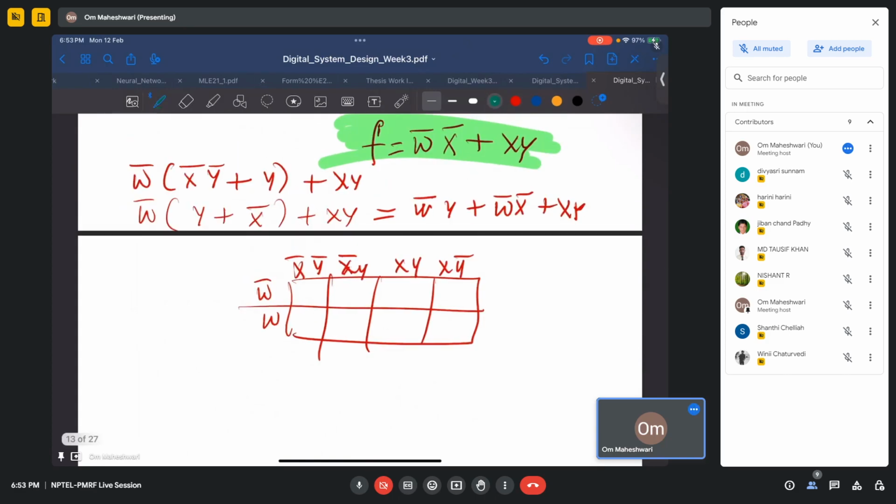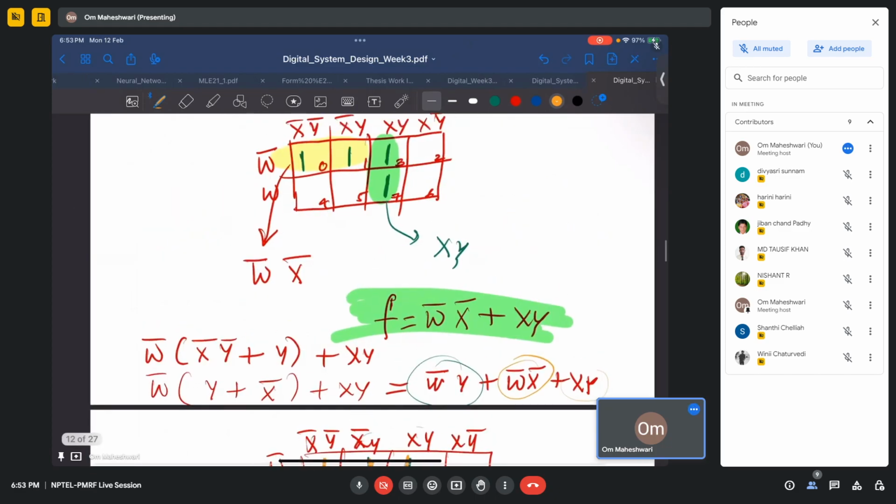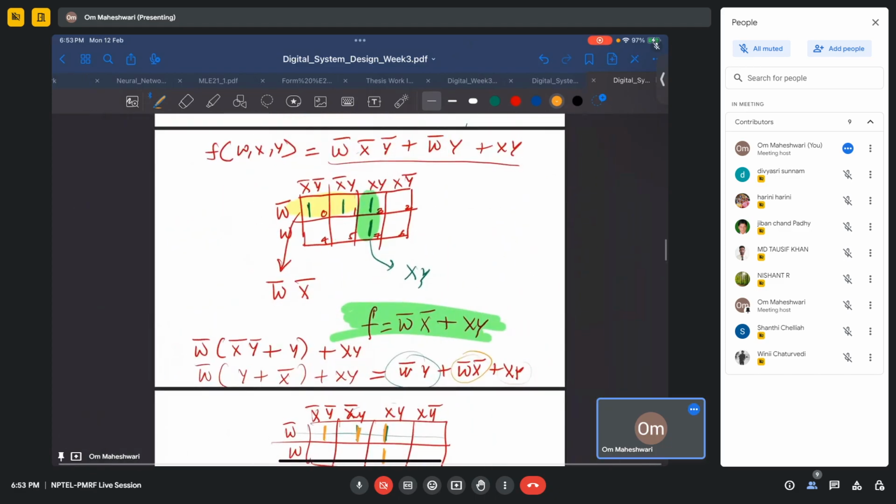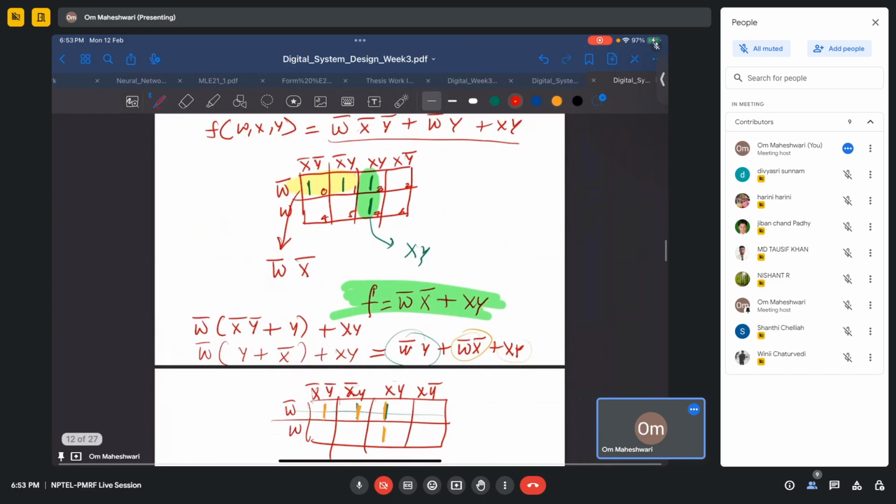Now w bar y, w bar is this row, y is these two. So this is w bar y. Then you have w bar x bar. W bar is this row, x bar is these two. Then you have xy. Xy is these two. Again, you have the same ones. So you form these two and these two.